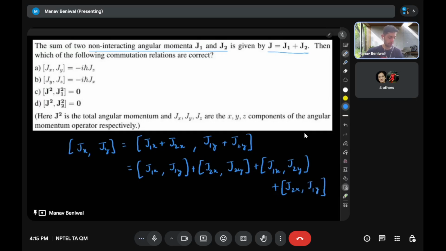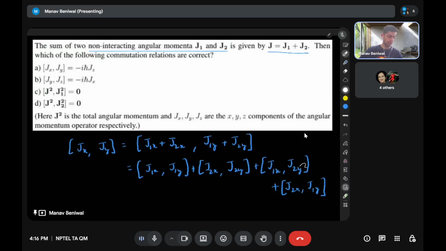We are given one very important thing: these two angular momenta are non-interacting. So in the cross terms, the first is the x component of angular momentum J1 and the other is the y component of angular momentum J2.